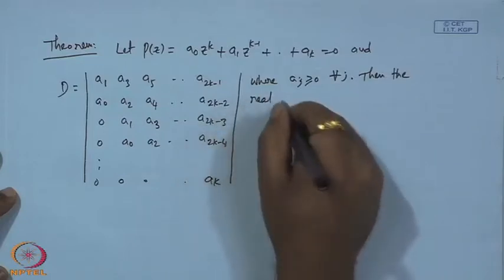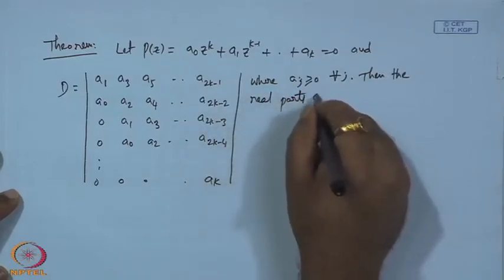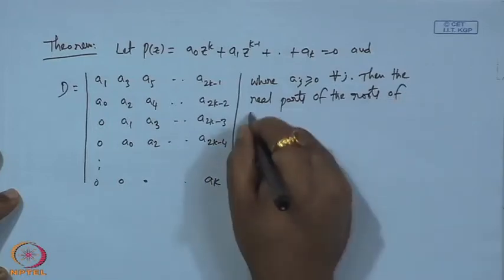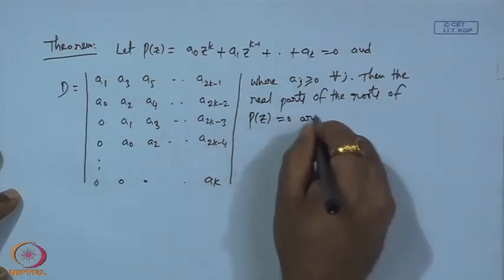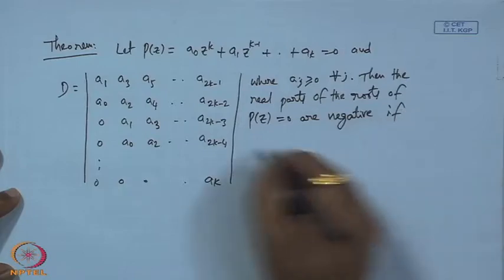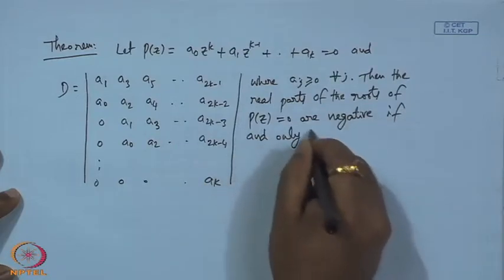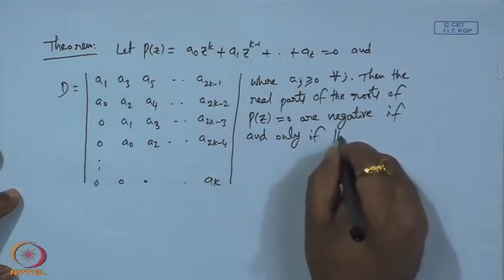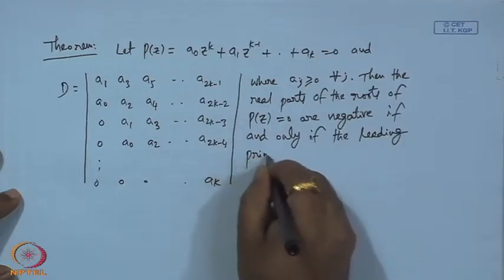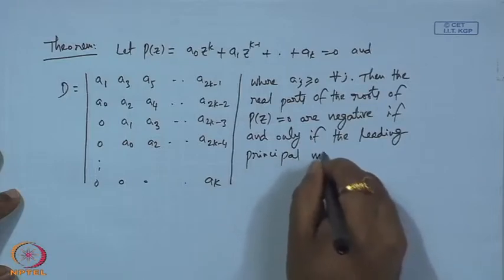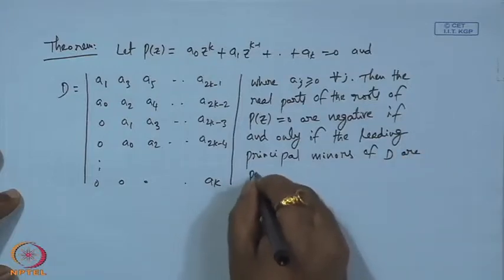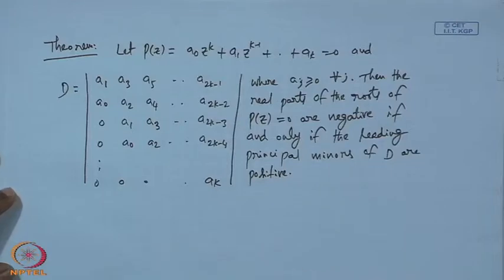Then the real parts of the roots of p z equals 0 are negative if and only if the leading principal minors of D are positive.